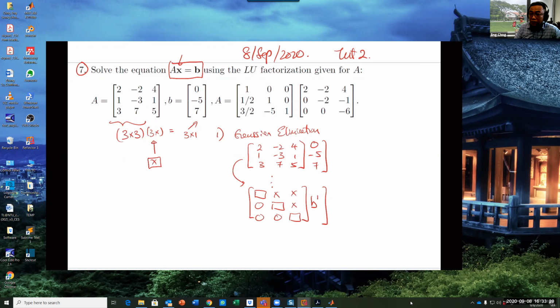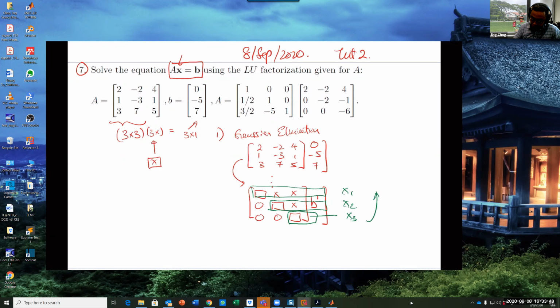Now, we know how to do this by Gaussian elimination, and then we realize that once we have it in this form, we can solve for x3, we can solve for x2, and we can solve for x1 from the back.